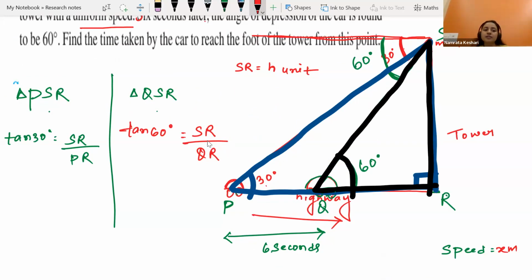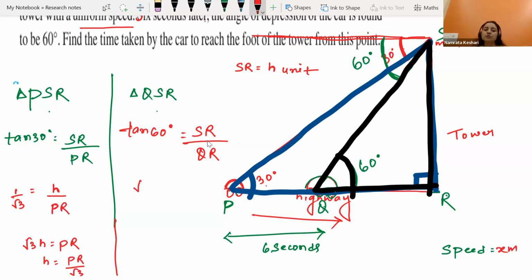Tan 30 degrees, is it 1 by root 3? SR is H. If we try eliminating H from both the equations, it will be root 3 H is equals to PR, right? H is nothing but PR by root 3, right?